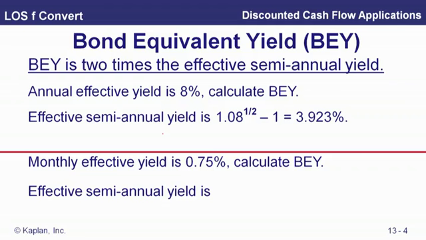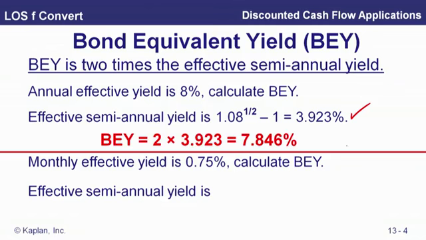So instead of 1.04 squared minus 1 going forward with a 4% semi-annual compound rate, we're going to take that effective rate to the 1/2 minus 1 and find out that if we earn 3.923%, compounding twice a year, our effective annual yield, remember where we started out with this stuff, is going to be 8%.